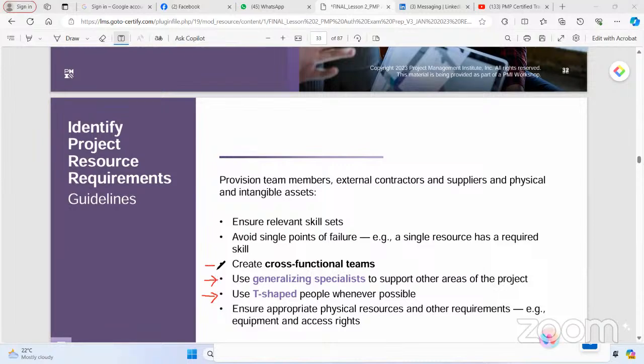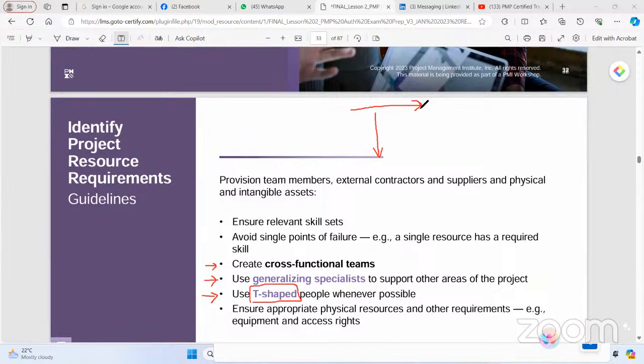Cross-functional means we have people from various domains with different domain knowledge, and an interesting skill is T-shaped staff. Now T-shaped people have breadth of knowledge in various areas, but one of the areas they have excelled really well.